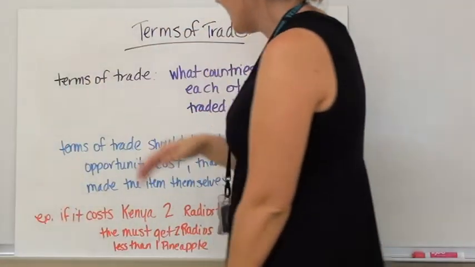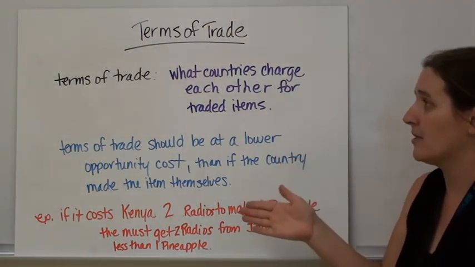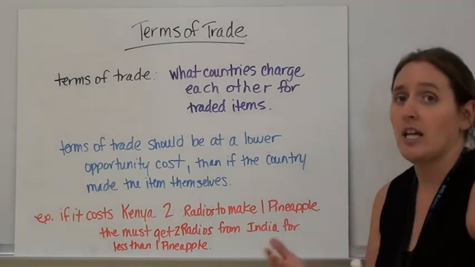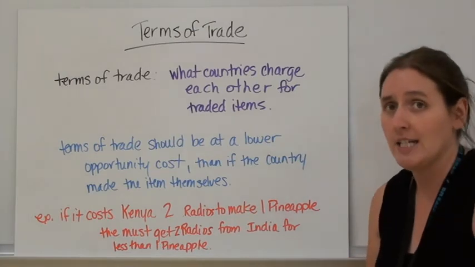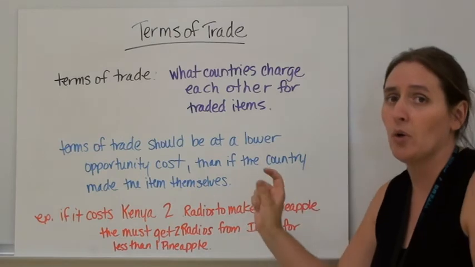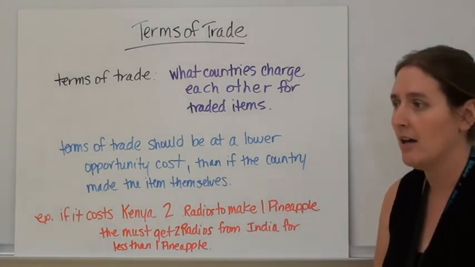All right, and the last thing is just terms of trade. What countries charge each other for the traded items? So if U.S. is making bread and Puerto Rico is making corn, how much do they charge each other to trade? You need to make sure that that charge is lower than your current opportunity cost. That's it, okay?